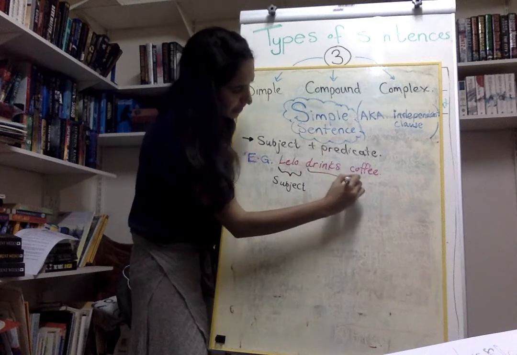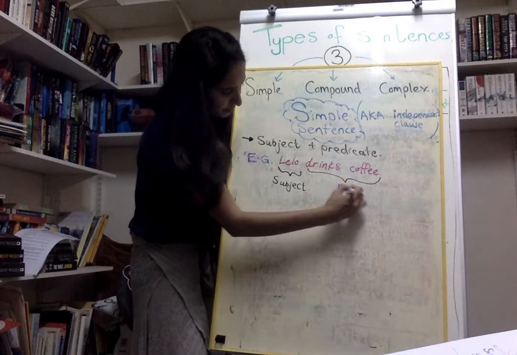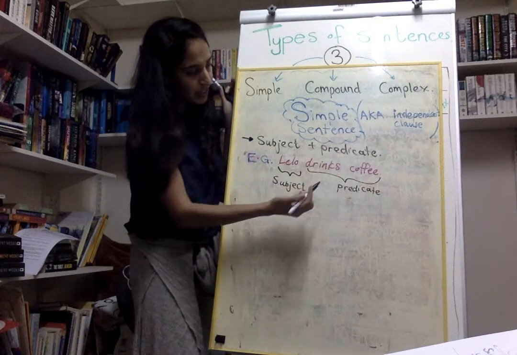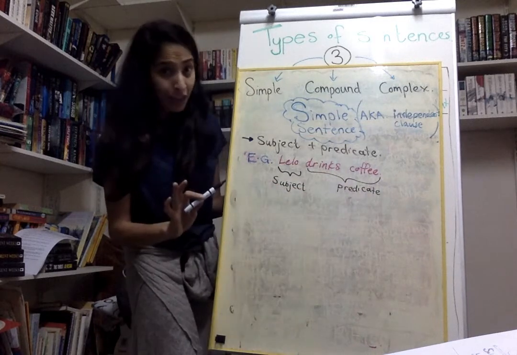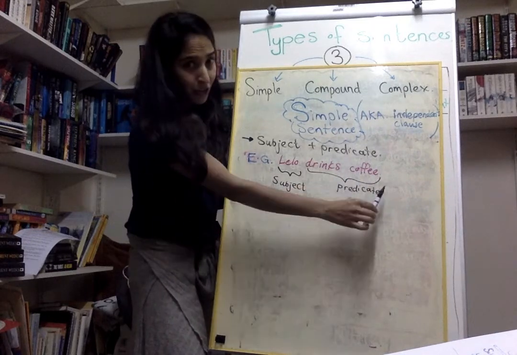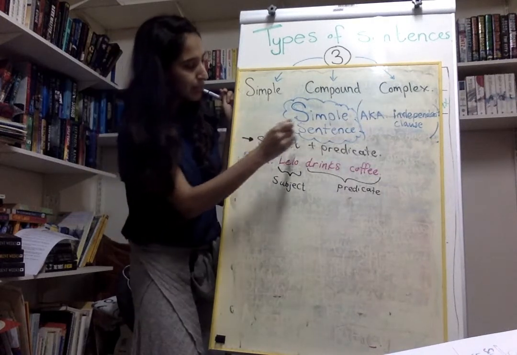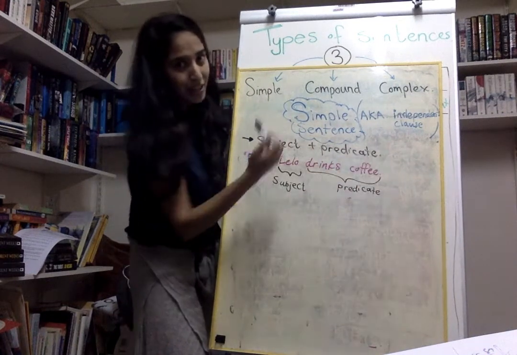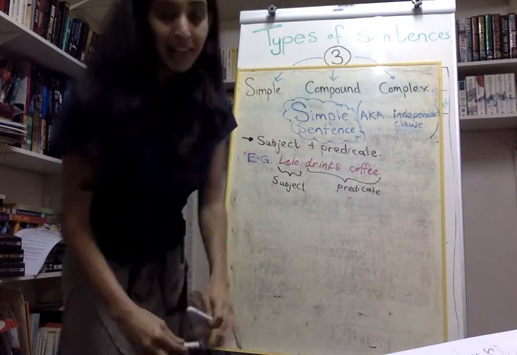And drinks coffee is our predicate. Or if you want the simple predicate, then it's just the word drinks. And coffee is our object. We don't need an object for a simple sentence, but coffee is what is acted upon. Don't worry about that. Just know that a simple sentence consists of a subject and a predicate. That's basically the subject and the verb, or the verb and the rest of the sentence. Easy, right? Something that does an action, and the action. That's our simple sentence.